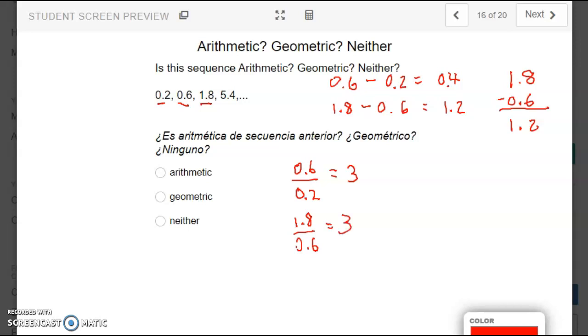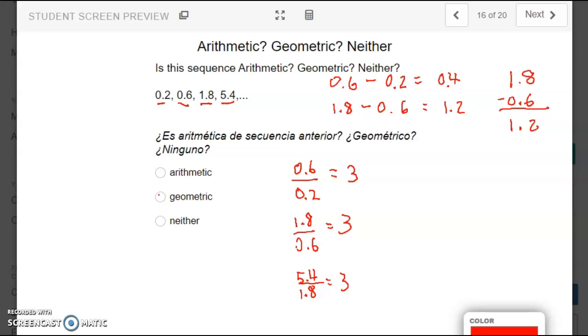Then we also need to check the last term. We're not done until we've checked every single one of them. So that's 5.4 divided by 1.8, the previous term, and it is also 3. So since dividing the term by its previous term leaves us with a constant number, we can say this is geometric.